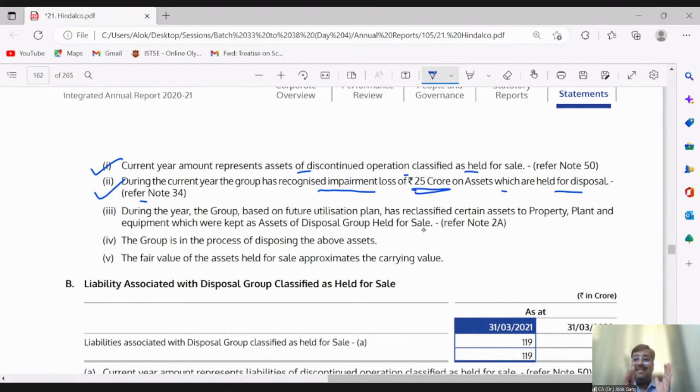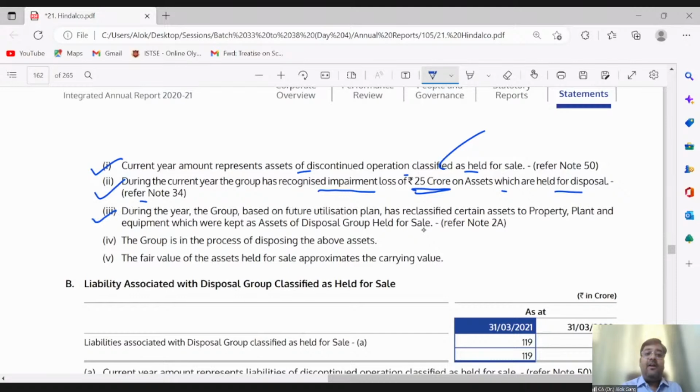So when these assets have been classified as non-current asset held for sale, there is an impairment loss of 25 crore which has been recognized. One of the students was asking in the last class, sir, whether this impairment loss needs to be disclosed separately. Answer is yes, it should be, so that the user of the financial statement will be able to understand that this is the amount which has been recognized as an impairment on account of change in classification.